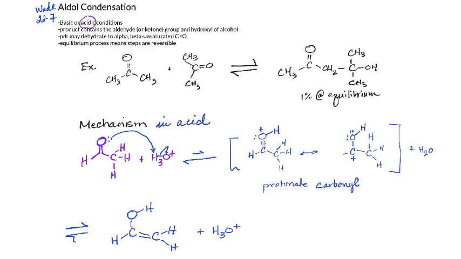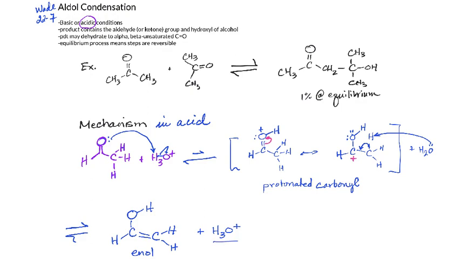So that is just moving electrons up to here, leaving the plus charge down here. And then that's our protonated carbonyl. So what will happen with this is water will remove a proton, the electrons swing down here, and I get my enol. And of course that was a catalytic process, and so I get my acid back.